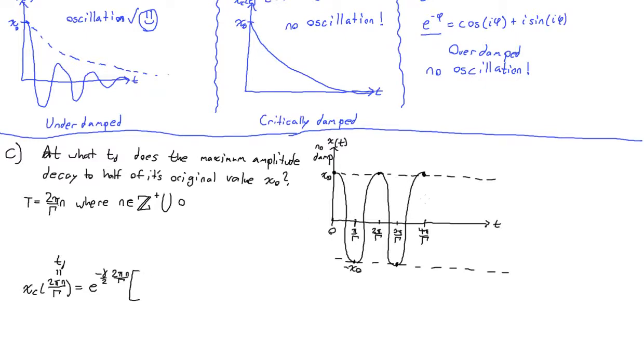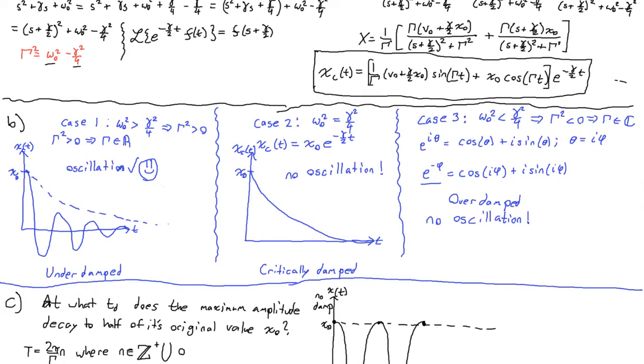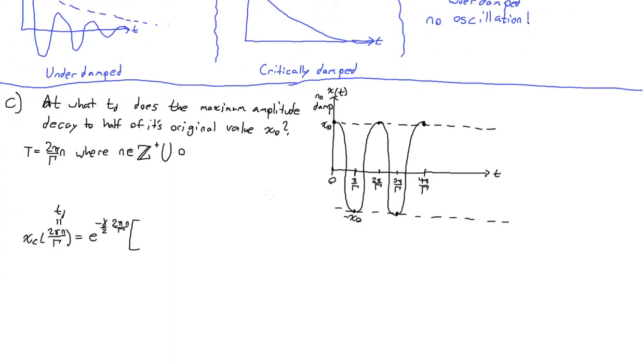Okay. Well, actually, that's not even really going to matter because our time t is 2 pi n over big gamma, right? So sine of gamma times 2 pi n over gamma is just 0, right?